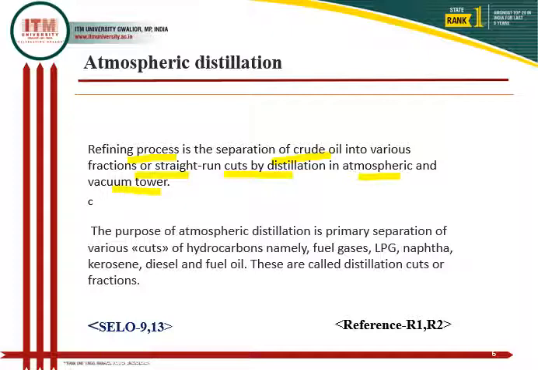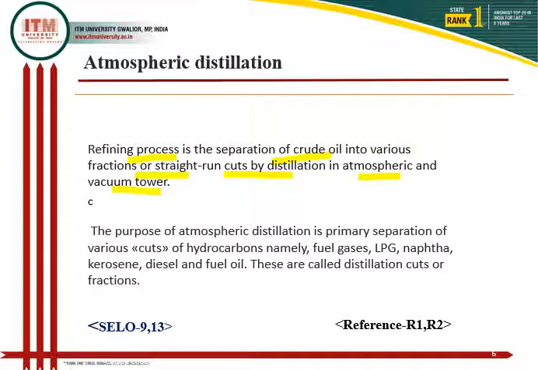So the two important types of distillation used here in refining: one is atmospheric, meaning the distillation process is carried out under atmospheric pressure, and then vacuum distillation is also done on the crude oil to remove the heavier fractions. By atmospheric distillation, the lighter fractions or cuts can be separated from the crude oil, and then the heavier fractions are separated by the vacuum distillation.